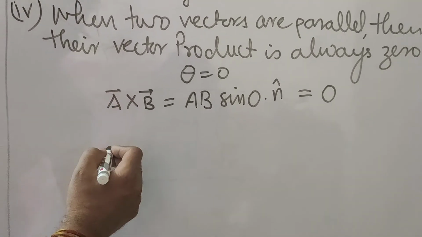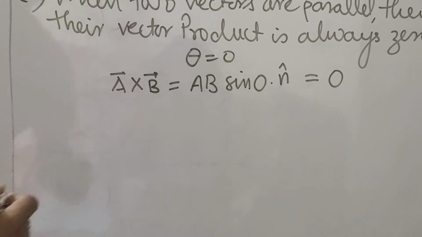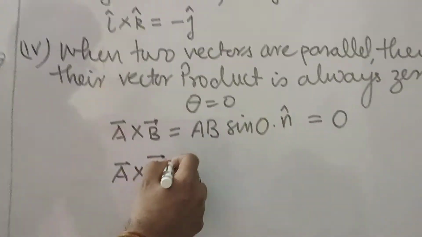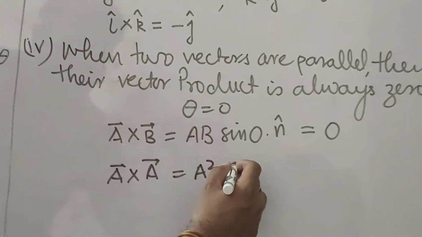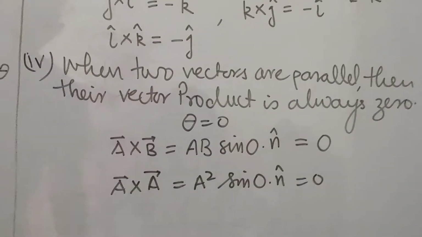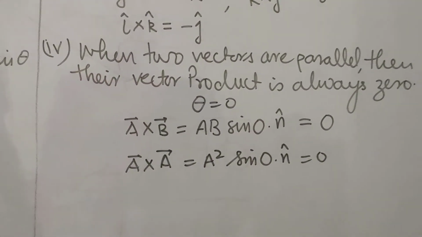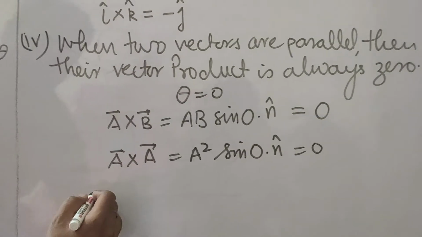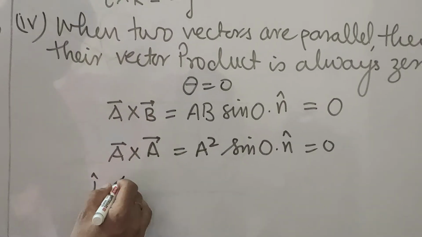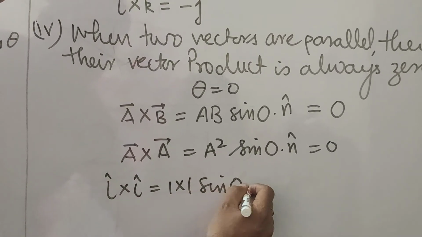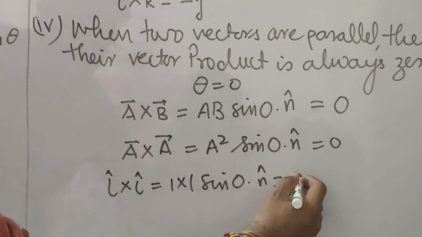Now applying this for the self product, A cross A is A square sin 0 n cap, which is again 0. So the self product in case of vector product is always 0. Now applying it for the unit orthogonal vectors, i cross i is 1 into 1 sin 0 n cap, which is again 0.